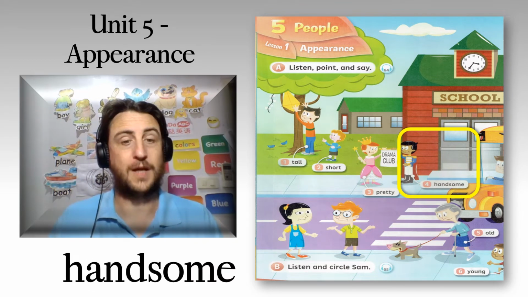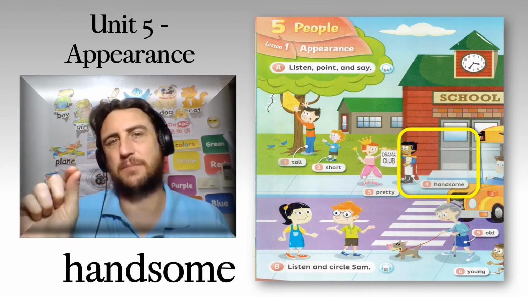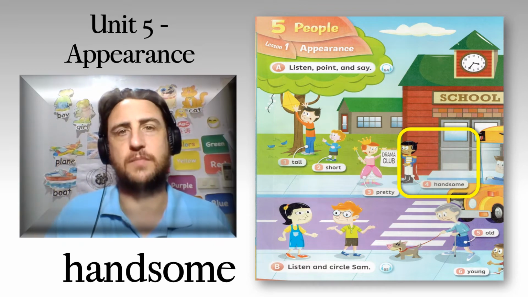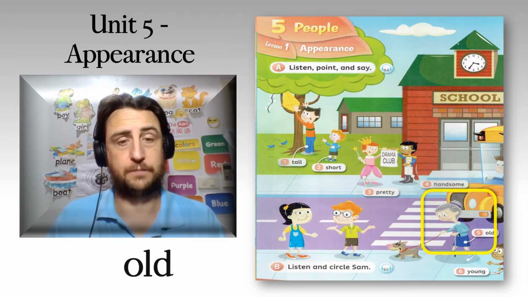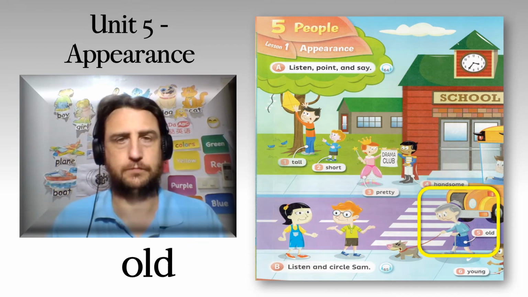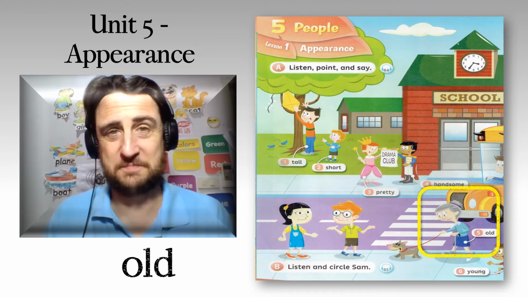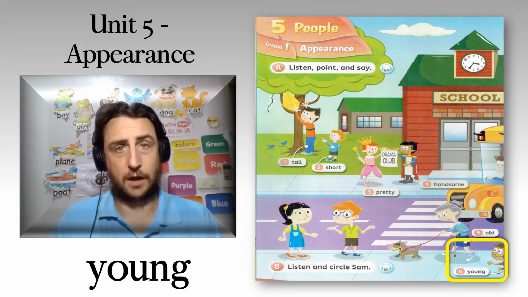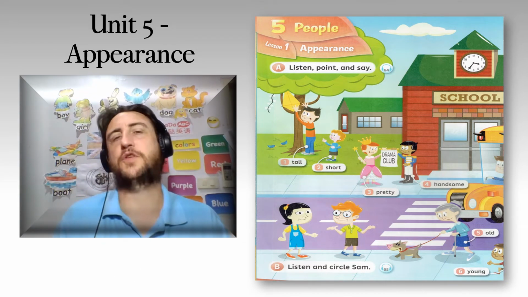Number 4, handsome, handsome. Say handsome. Number 5, old, old. Number 6, young, young. These are our 6 adjective words for unit number 5.